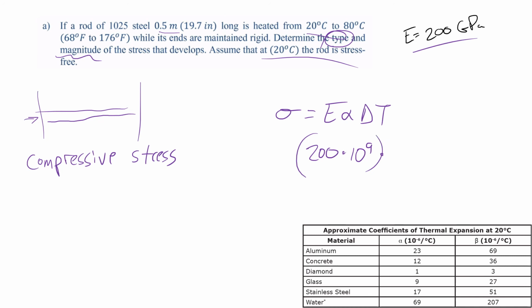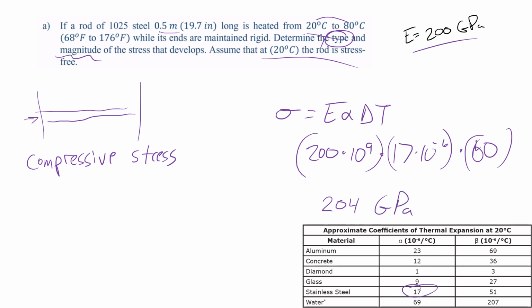Alpha is down here, steel is 17 times 10 to the minus 6, so these won't cancel out exactly, times delta T. We're going from 20 to 80, so we'll just have a 60. And then multiply, multiply, multiply all of these together, and we get a big number. Let's switch it to our prefixes here. So 204 gigapascals. That's how much stress is going to be on the rod. Awesome. We'll give you some practice with these. Have fun.